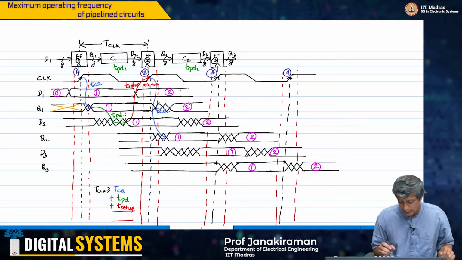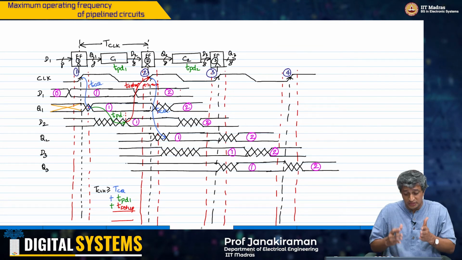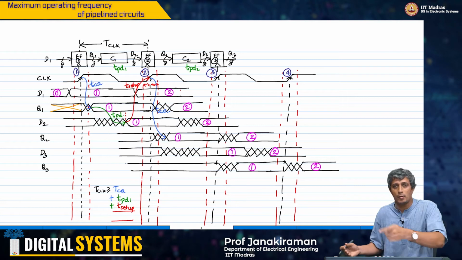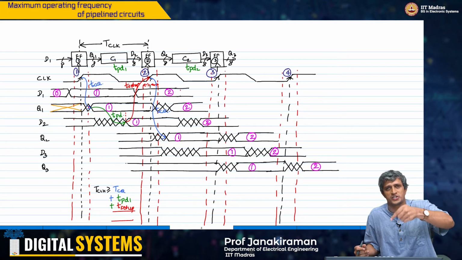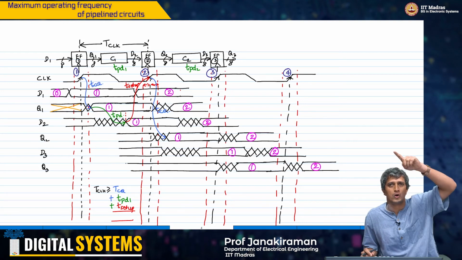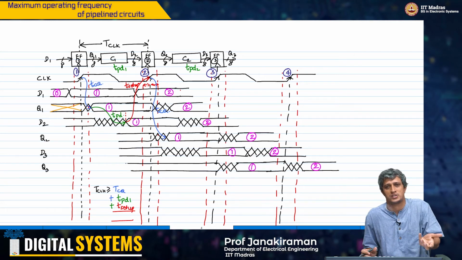Now, this must be true. So remember, this is for TPD1, but this must be true between any two flip-flops, right? Remember that if combinational block C2 had that old person in that brick queue who took 5 units of time, then the whole thing will go for a toss, right?